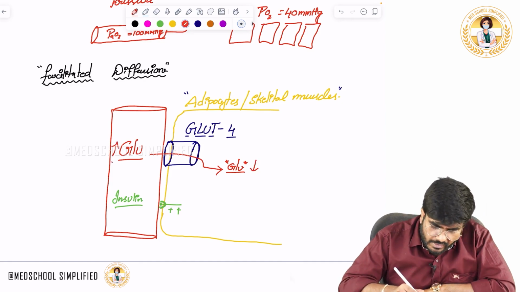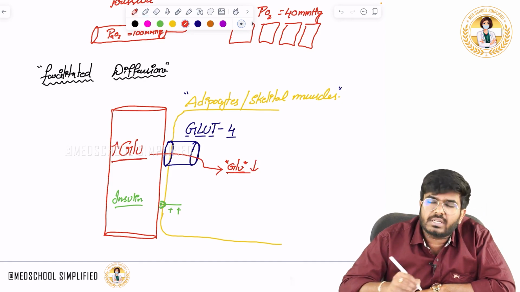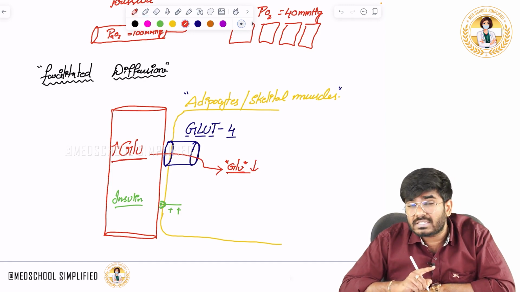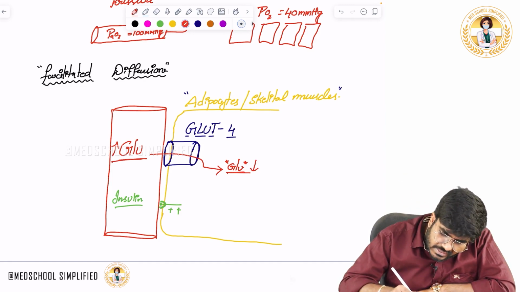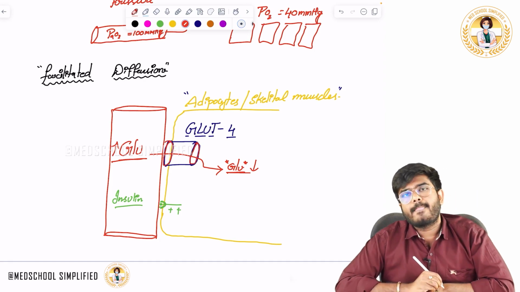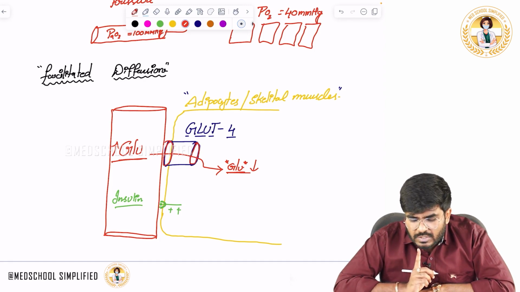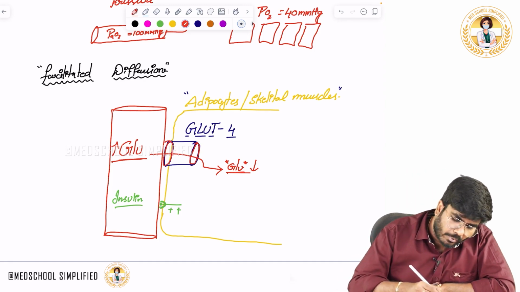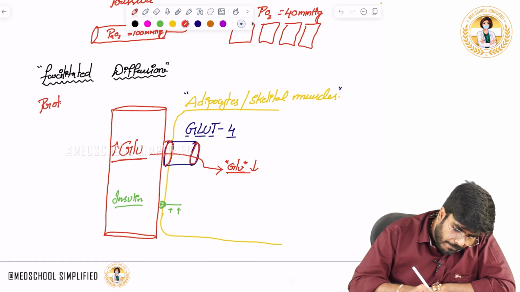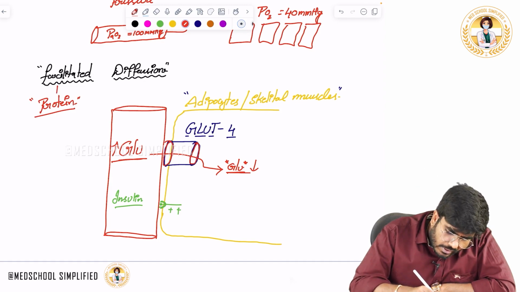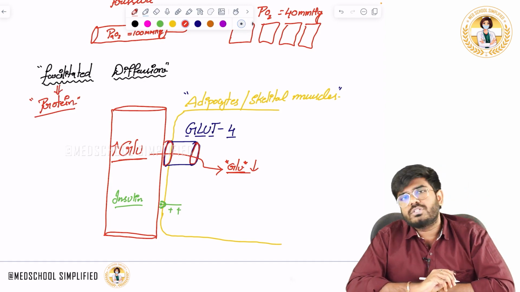So glucose is moving from high to low concentration, but this transport is facilitated by a protein, glucose transporter type 4. As the transport is being facilitated by a protein molecule, it is called facilitated diffusion.